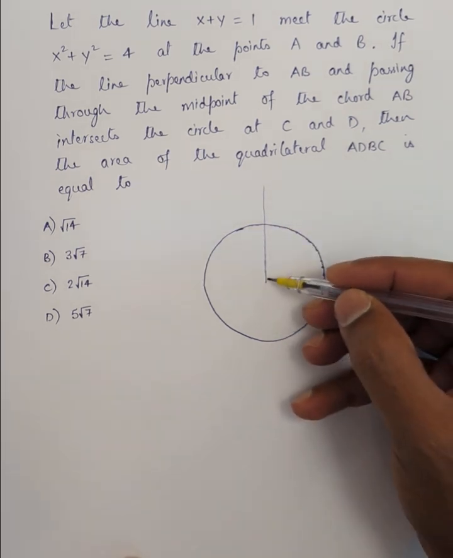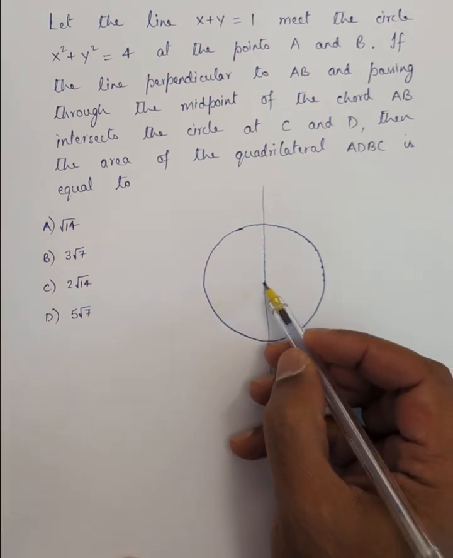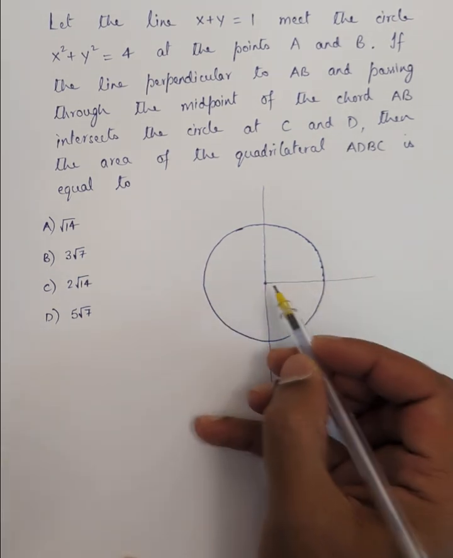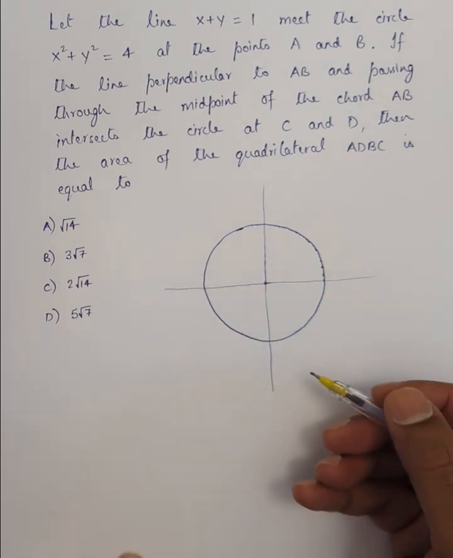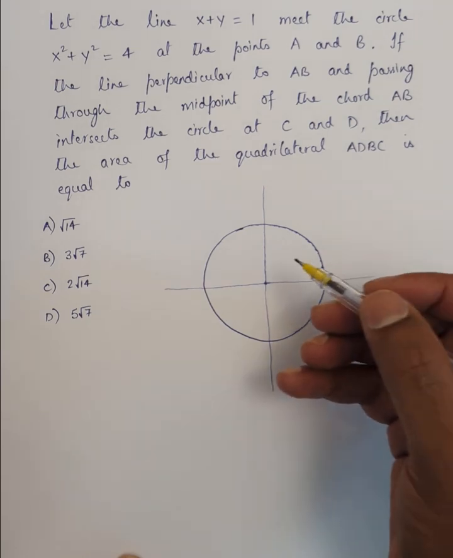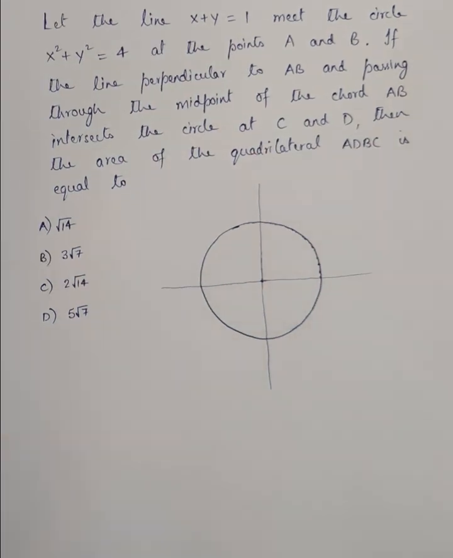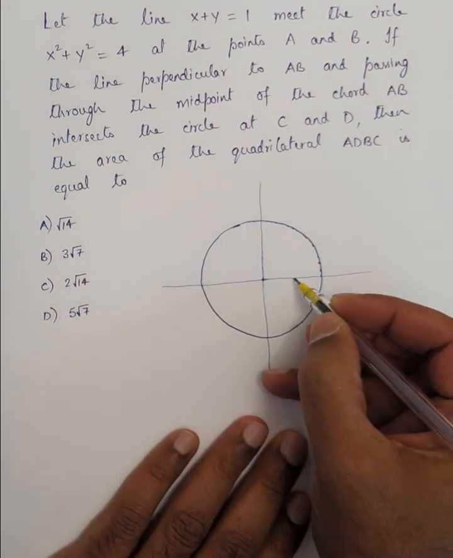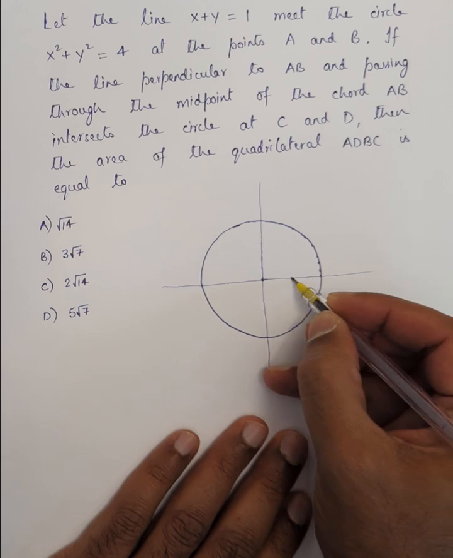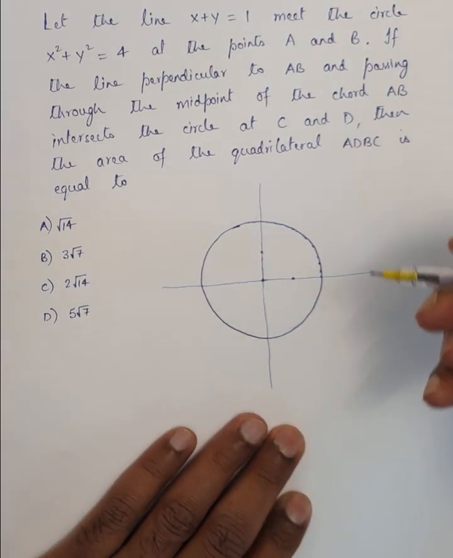So let's draw the coordinate axes. And then also this line x + y = 1, it has both x and y intercepts equal to 1, and so its slope is -1.